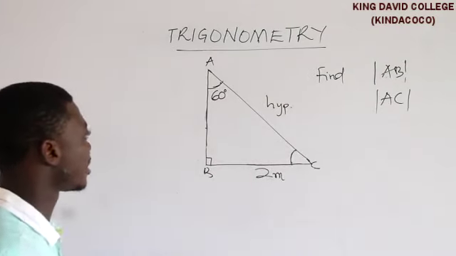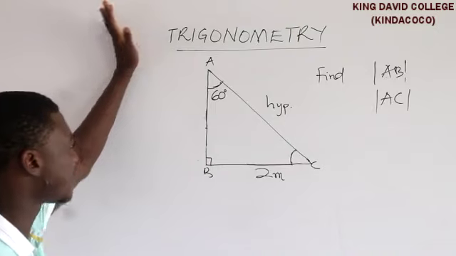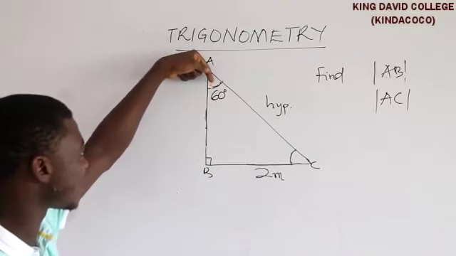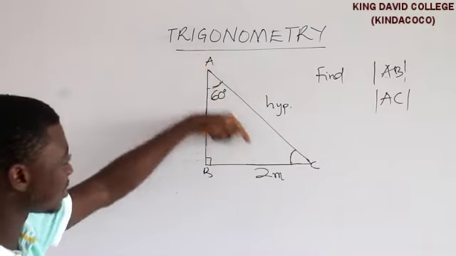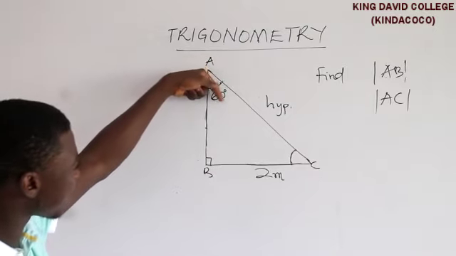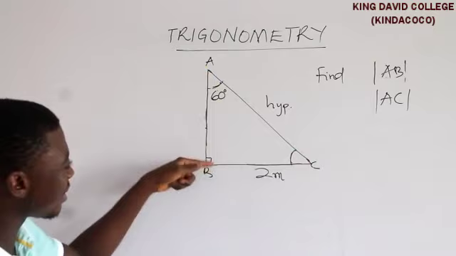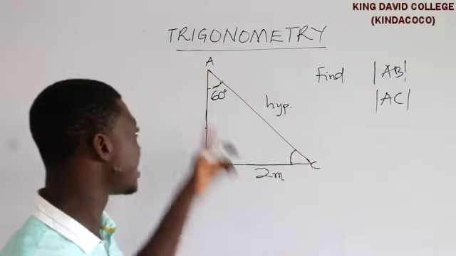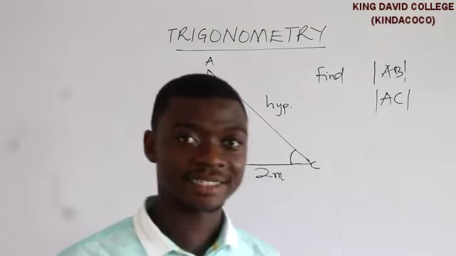Fine. So now this time around, which one becomes my opposite? We said the opposite is the one that the angle is facing. So when you draw a line from where this angle is to any of this part, you could realize that this line BC is now facing the angle directly.